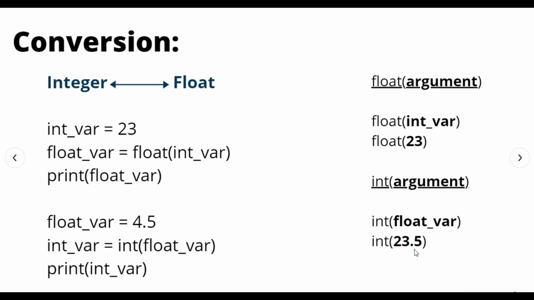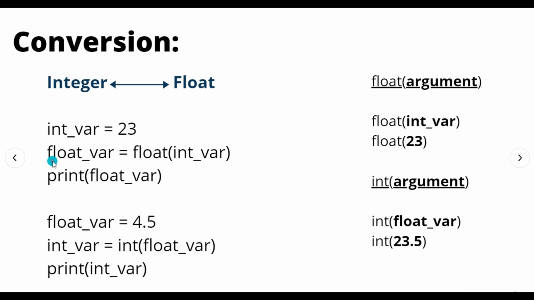So now on the left side I have written down the program which will help you to convert any integer number into a float number. Okay, so here we have created one variable which is int_var, and inside this variable we have stored 23, and we know that 23 is an integer data type.